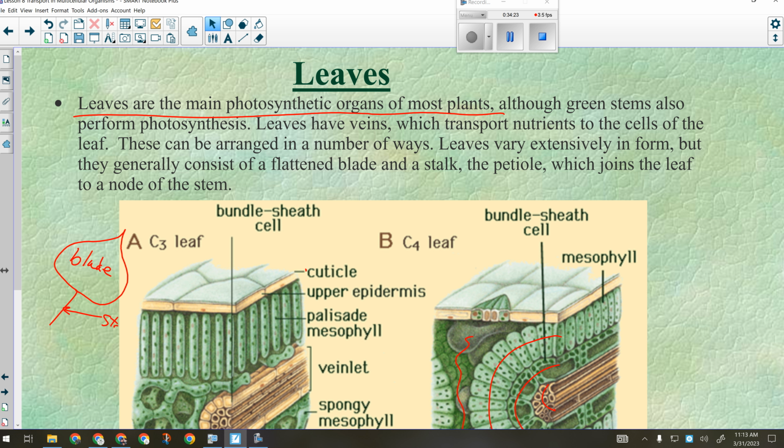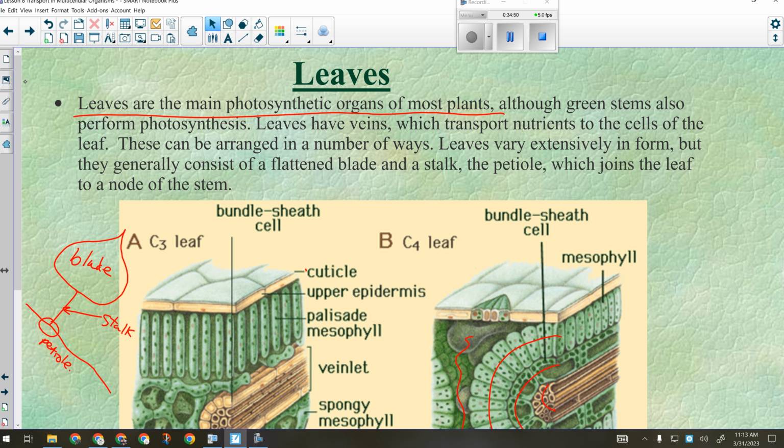And where the leaf attaches to a branch is called the petiole. I'm never going to ask you to label that. That's just so you know the parts if I ever use those terms. The blade of the leaf is the broad part that does the photosynthesis. Questions there?